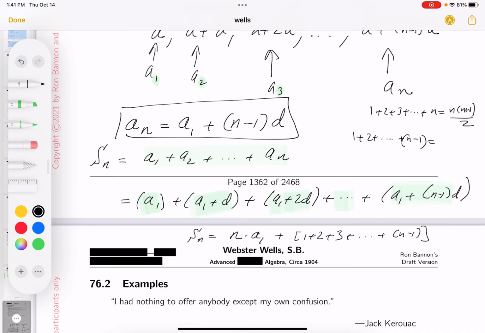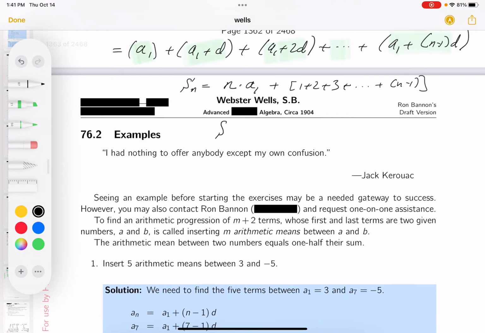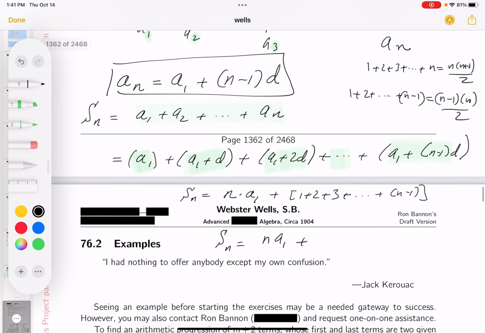What do you get over there? (n minus 1) n over 2. So Sn equals n A1 plus (n minus 1) n over 2.